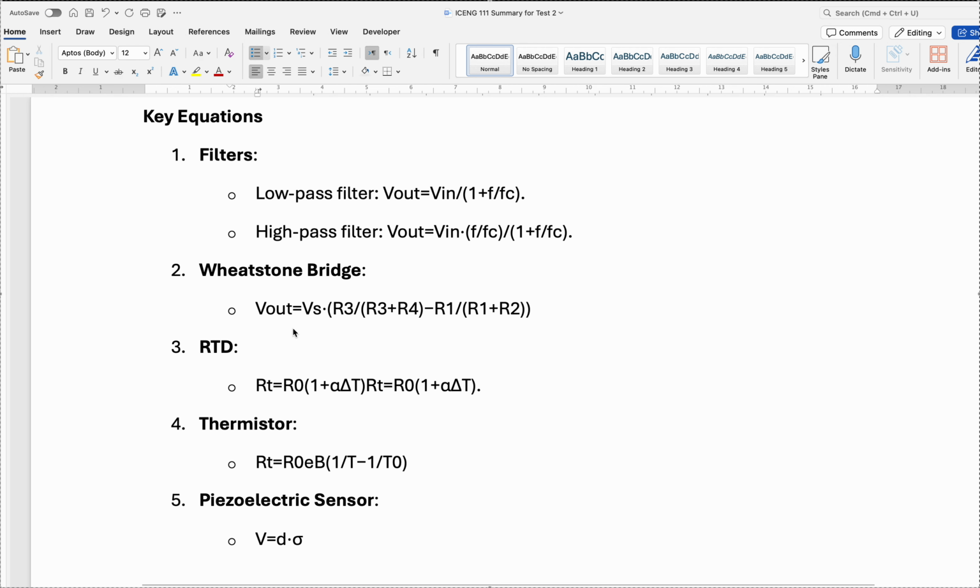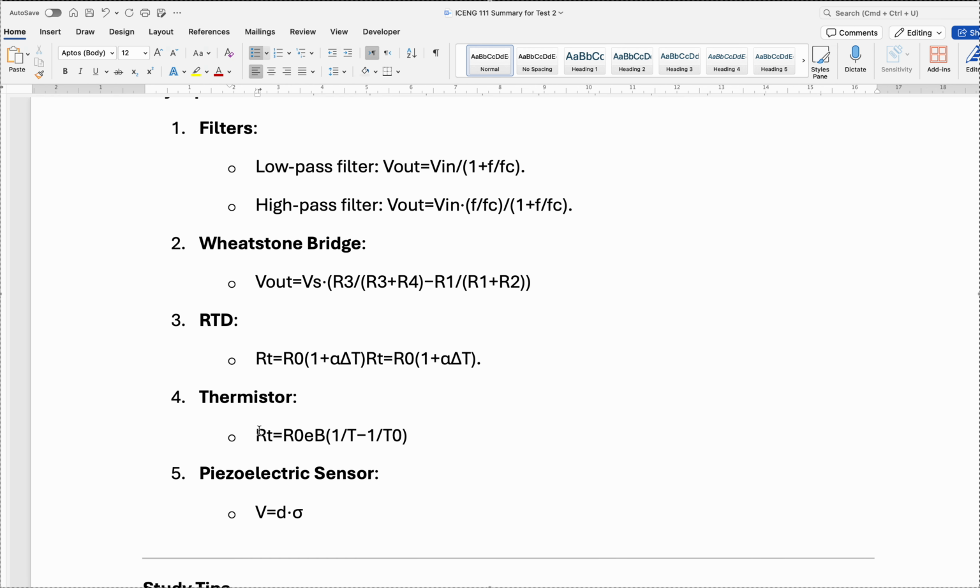Wheatstone bridge, so this is the Wheatstone bridge, where you're going to have the voltage supply to that equation there. There's another equation as well which looks similar to this. I can supply that to you. The RTD, so there's another equation for RTD. For the RT, the new resistance changes based on the difference in temperatures and on the coefficient.